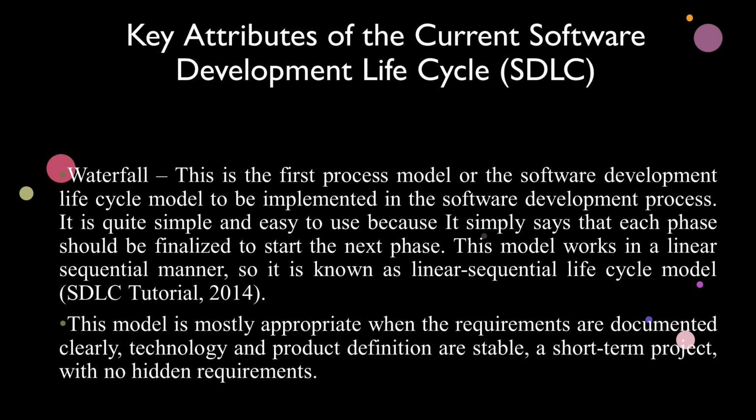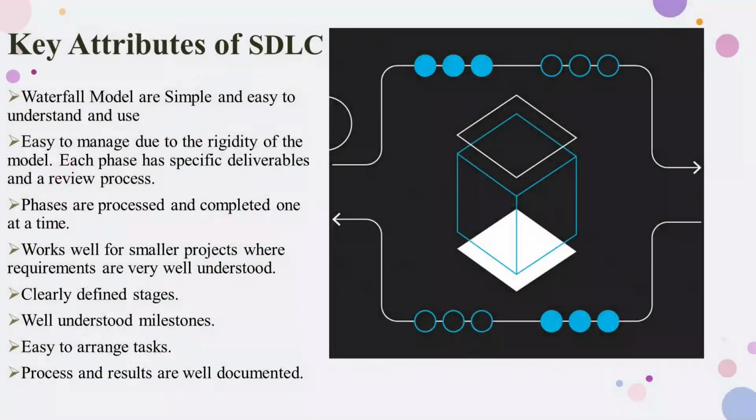It is quite simple and easy to use because it simply says that each phase should be finalized to start the next phase. This model is mostly appropriate when the requirements are documented clearly, technology and product definitions are stable, and it is a short-term project with no hidden requirements.